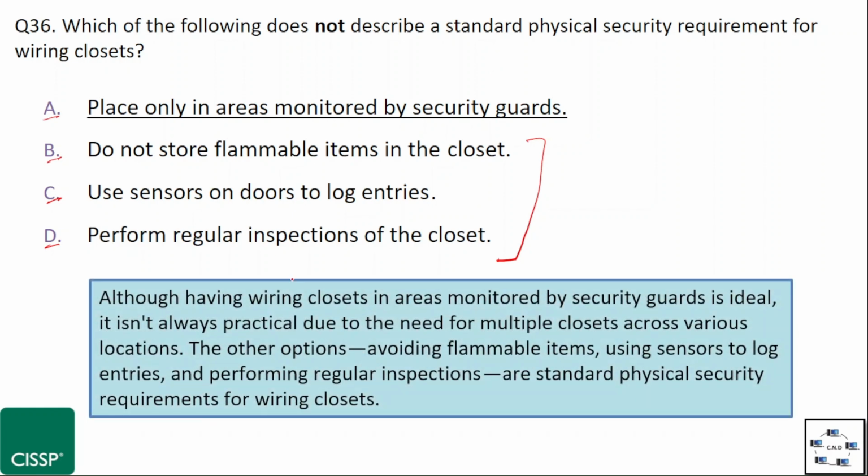Explanation is that although having wiring closets in area monitored by security guard is ideal, it is not always practical due to the need for multiple closets across various locations. The other options, avoiding flammable items, using sensors to log entries, and performing regular inspections, are standard physical security requirements for wiring closets.